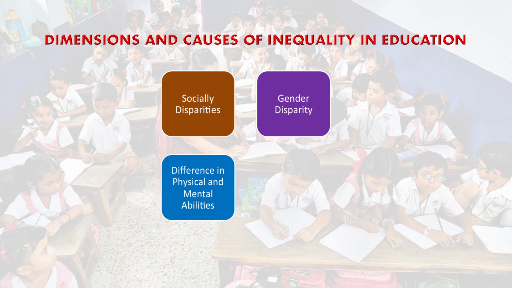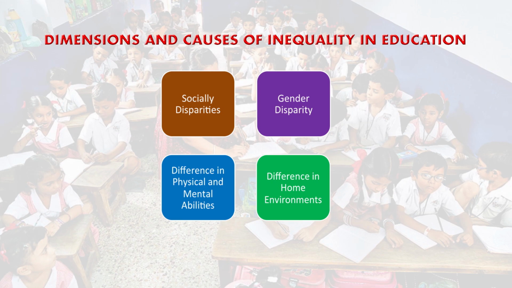So, these physical differences, these mental differences in their abilities also create inequalities. It is also another cause of inequality in education. For the differences in home environment, I have already said that in home environment you will find that there is difference in practices among boys and girls.